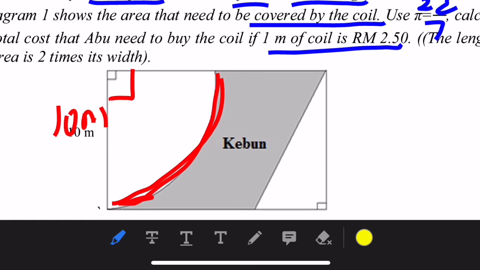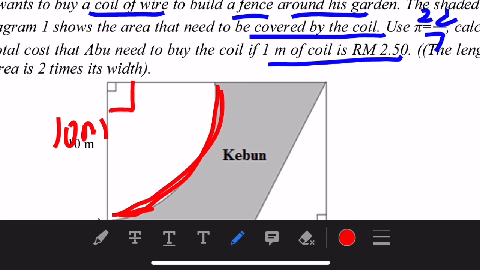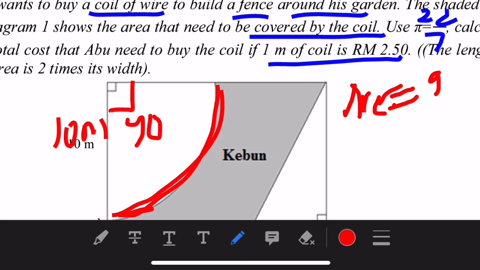So we just try to use the formula for arc length, 90 over 360 times 2 times pi times the radius, which is 10. Why 90? Because this is a quadrant, right?